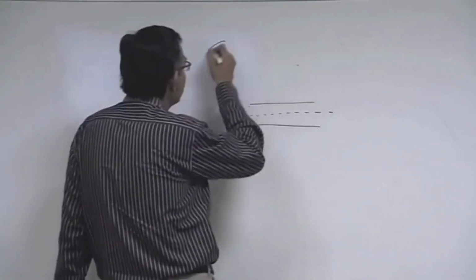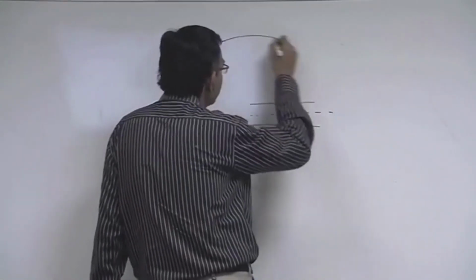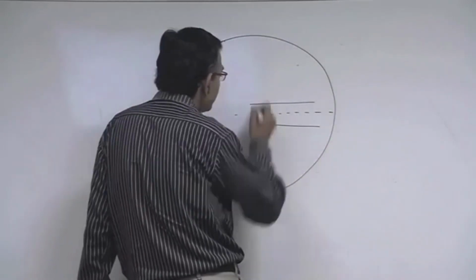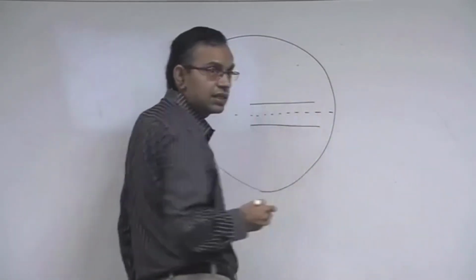So there is a big platform, and this is say one of the radial channels, right.